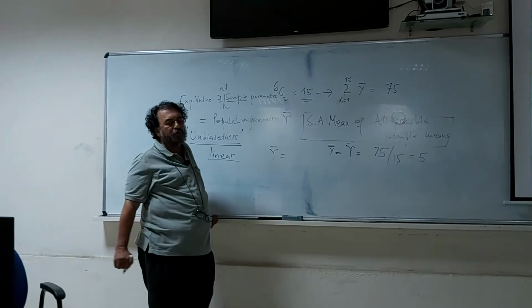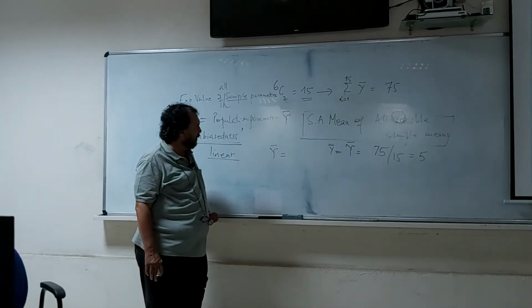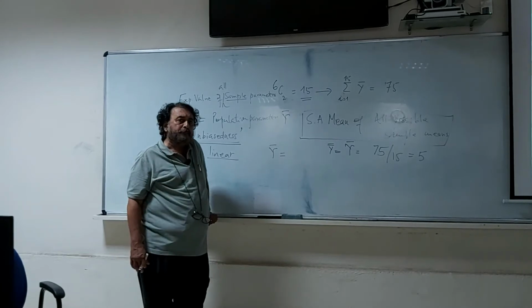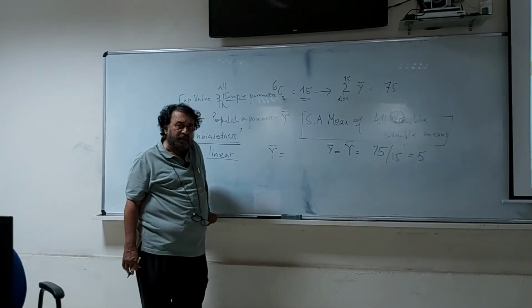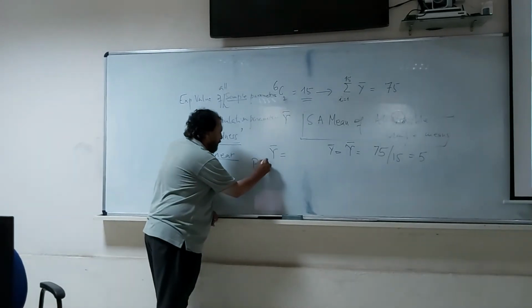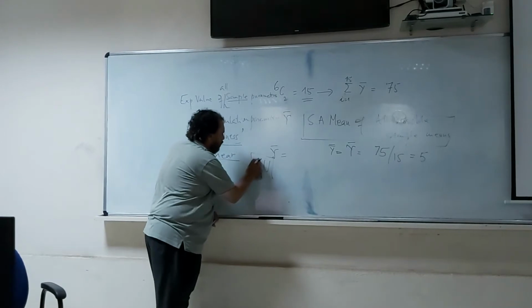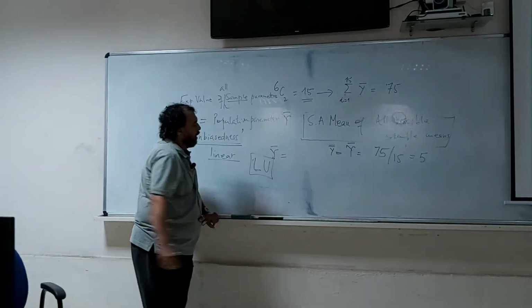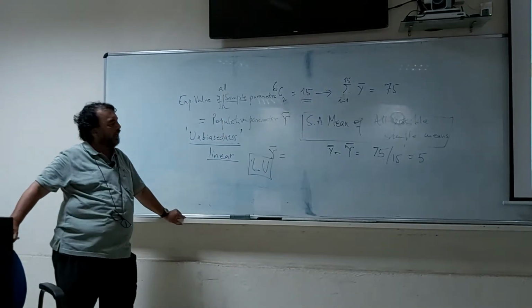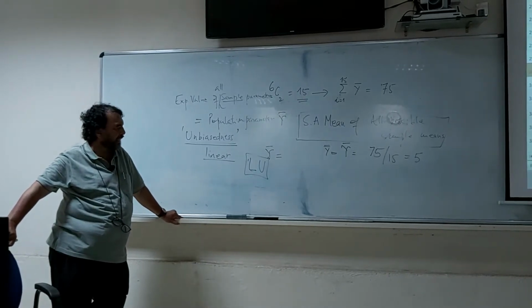So in the form of arithmetic mean, weighted or simple, that is equal probability arithmetic mean, it is linear in nature, and it is unbiased. It is linear in nature and unbiased in its characteristic.